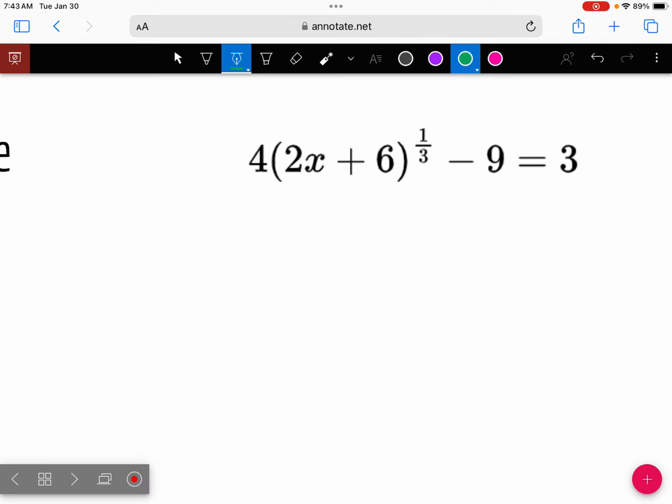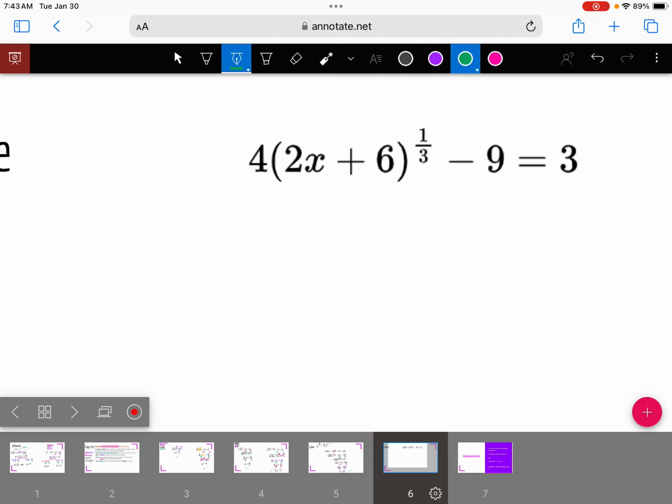So here we've got 4 times the quantity 2x plus 6 raised to the power of 1/3 minus 9 equals 3. So it's a bit of a beast. But like I said, this is the last one for today, so it's okay for it to be a little bit of a beast.